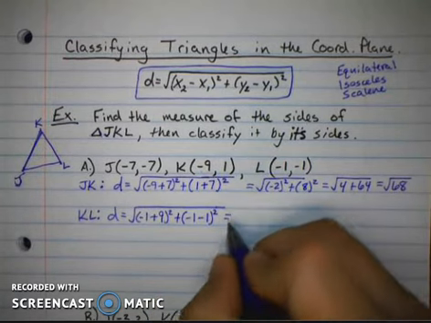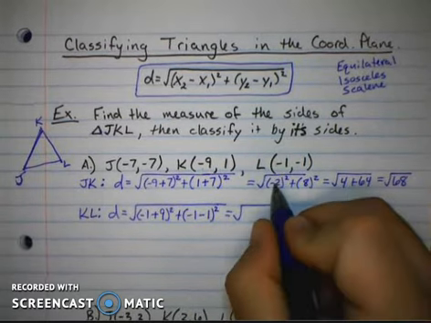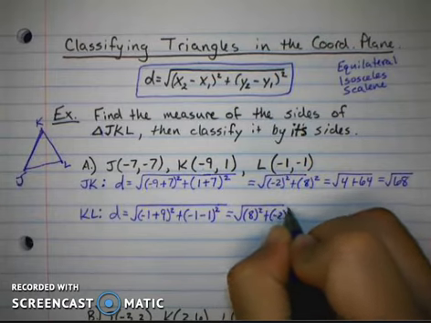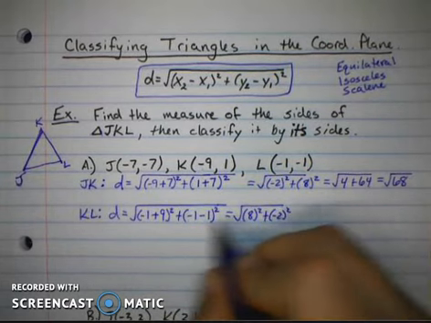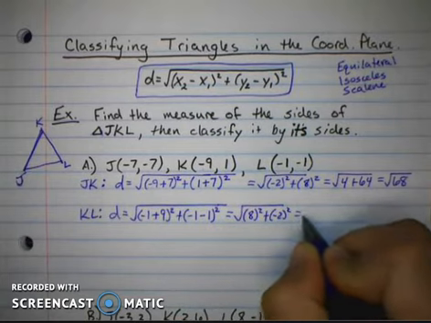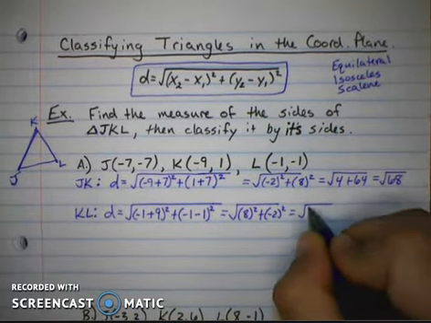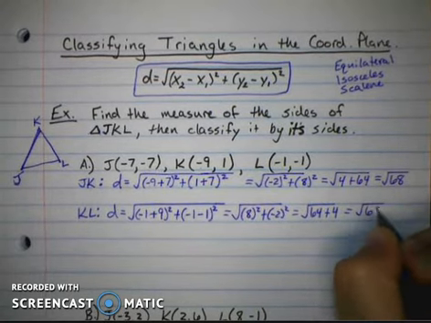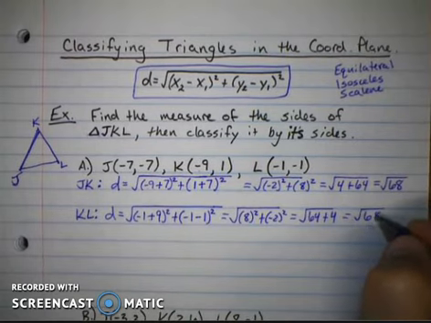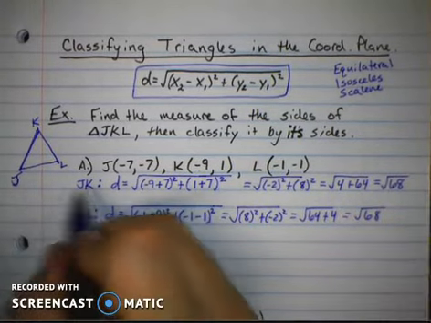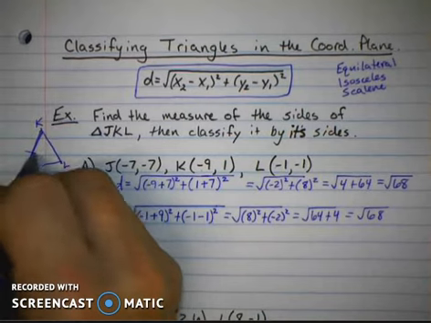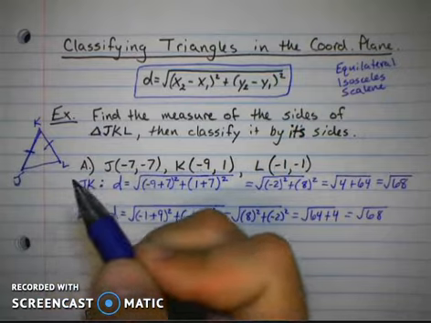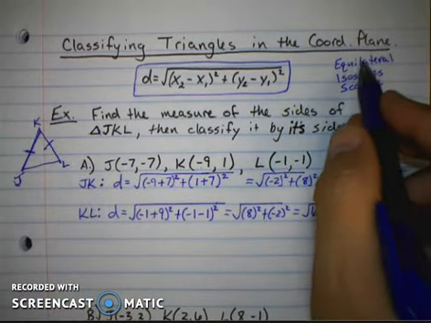Then we continue to simplify this. -1 plus 9 is 8. -1 minus 1 is -2. 8 squared is 64. -2 squared is +4. And we also get 68. So this right here shows me that both JK and KL are congruent. And if I want to keep track on a little diagram, I can mark those two congruent to each other. So I know it's at least isosceles, if not equilateral.